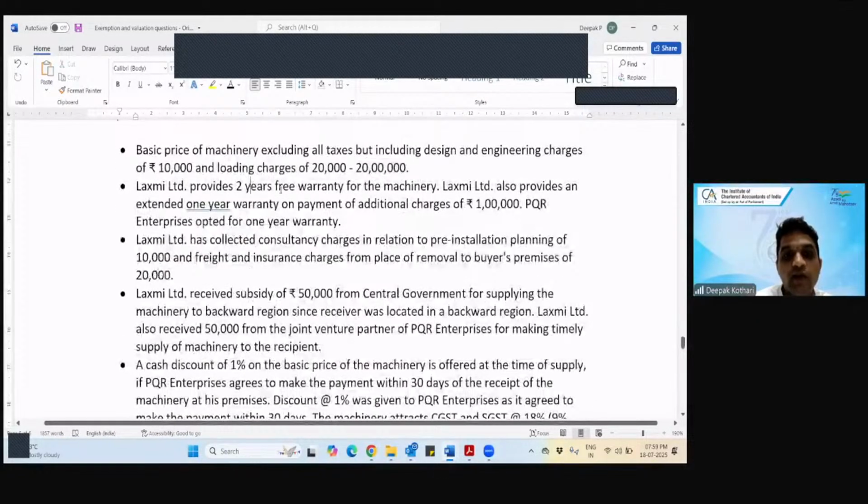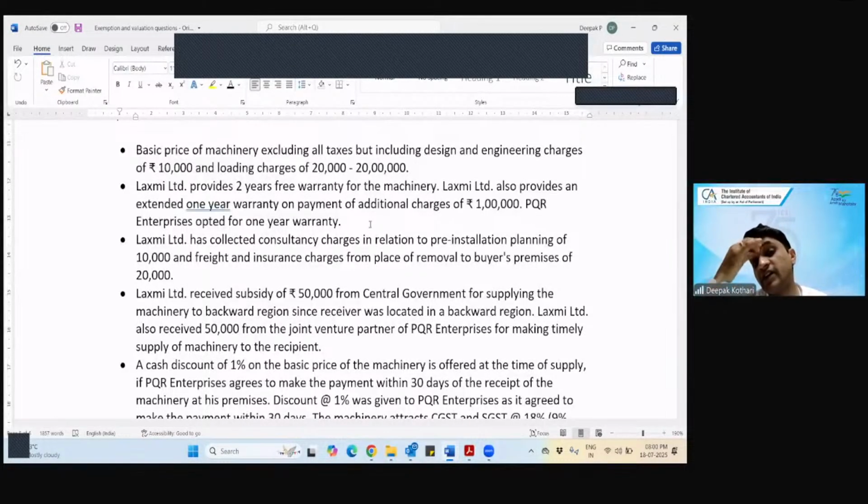Lakshmi Limited provided 2 years free warranty for the machinery. Lakshmi Limited also provides an extended 1 year warranty on payment of additional charges of 1 lakh rupees. PQR Enterprises has opted for 1 year warranty. And it means that it has paid 1 lakh rupees.